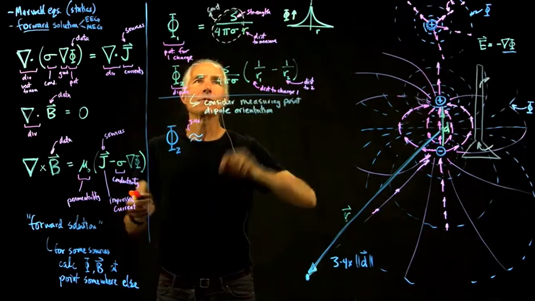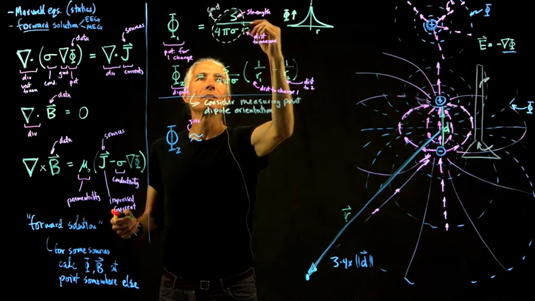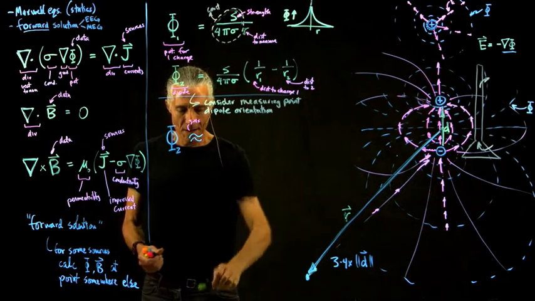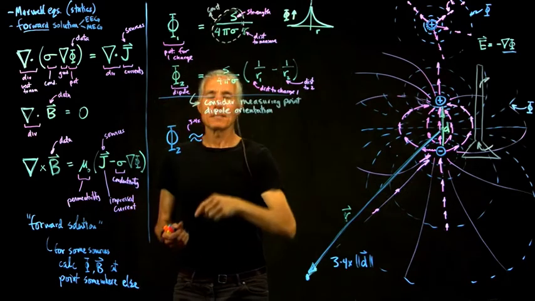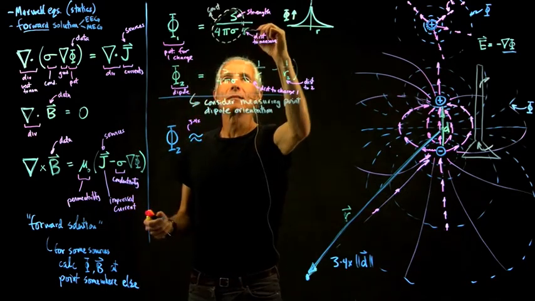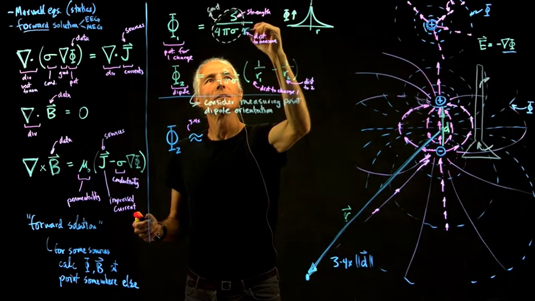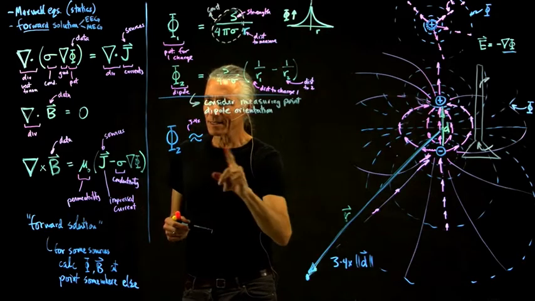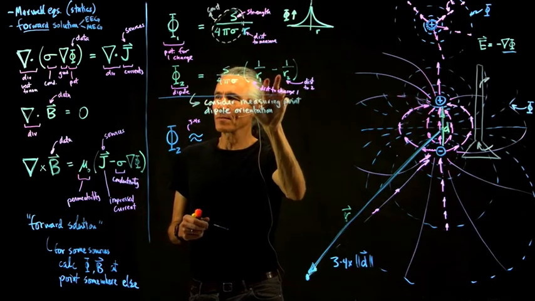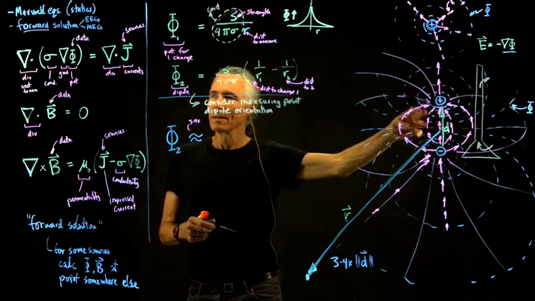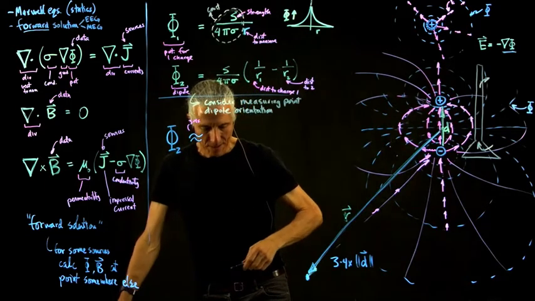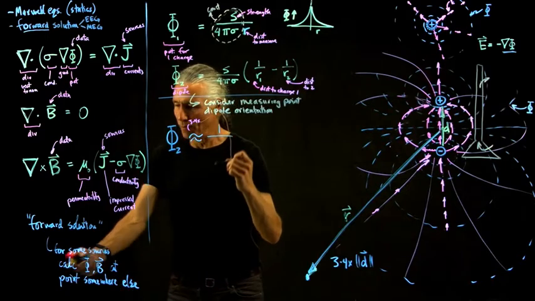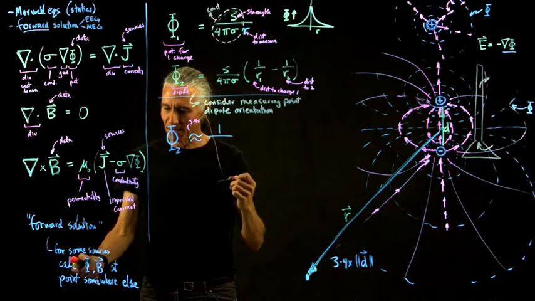So the strength just depends on basically the distance between the measuring point and the charge. Whereas in this case, this equation, it's an inverse square, and that comes from the interaction between these two charges.